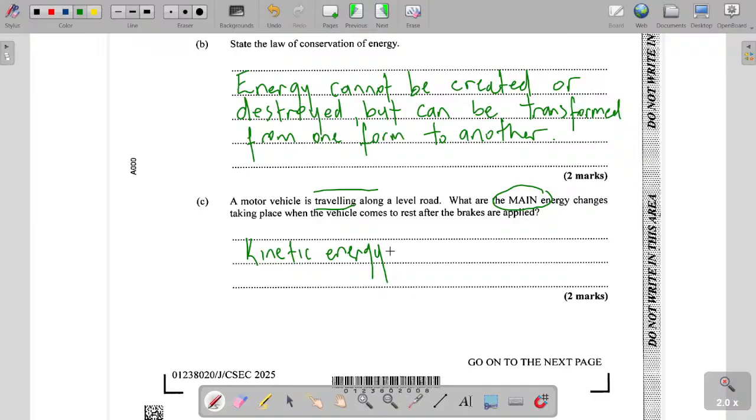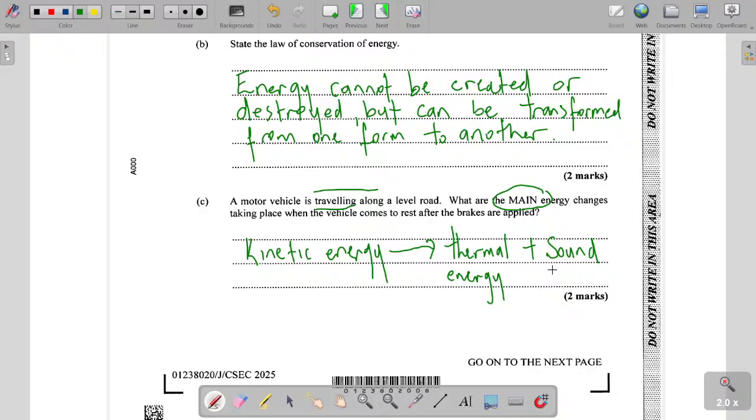And so when the brakes are applied, what will happen is that this kinetic energy will be converted into thermal energy plus sound. So that's where you will hear it.